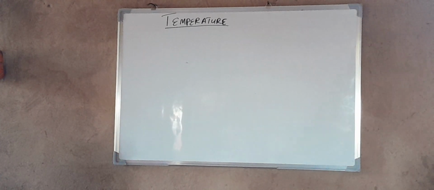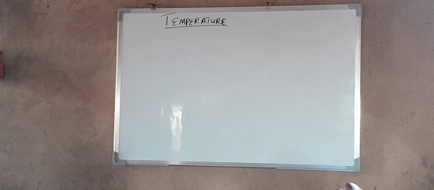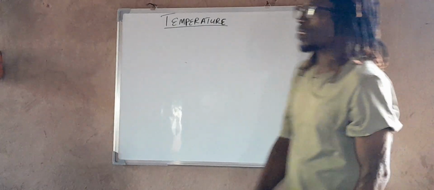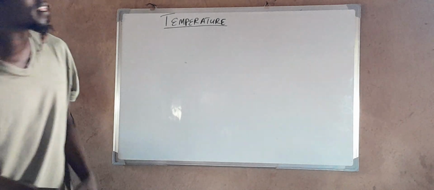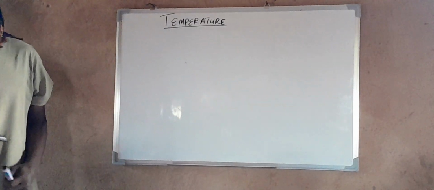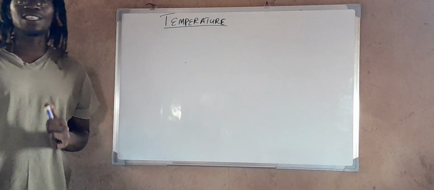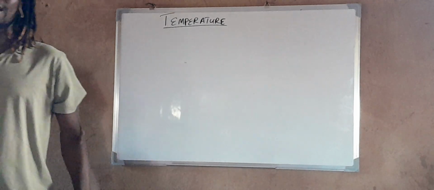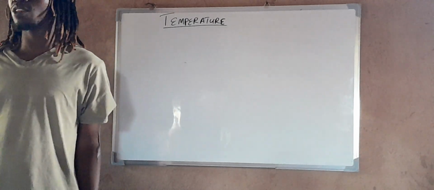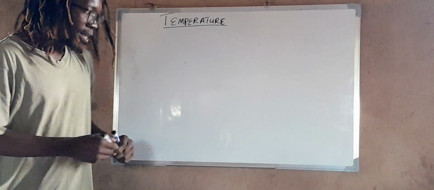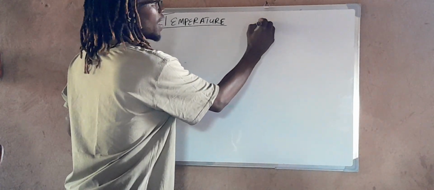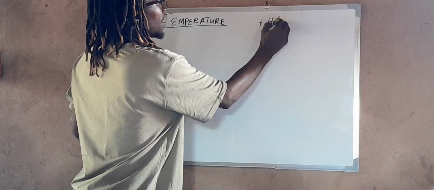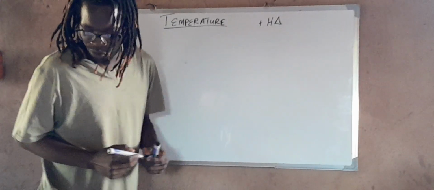Okay. So talking about temperature, I said temperature depends on the nature of the reaction. The reactions we have are endothermic and exothermic. Do you still remember what is endothermic and exothermic? If we are having a positive enthalpy change, what do you have?